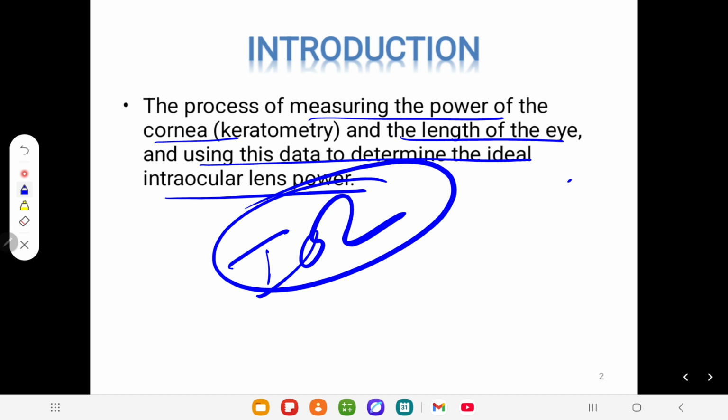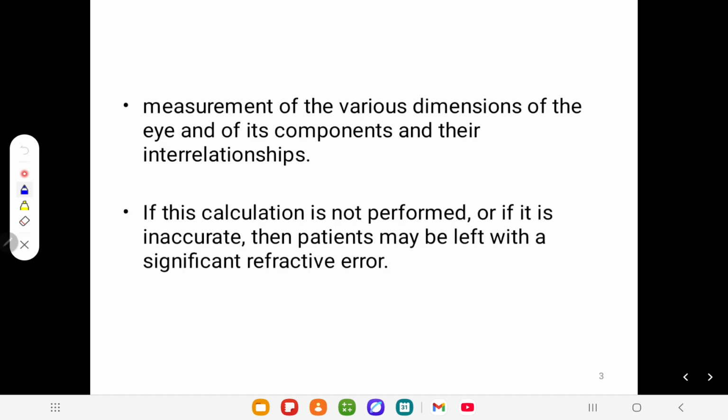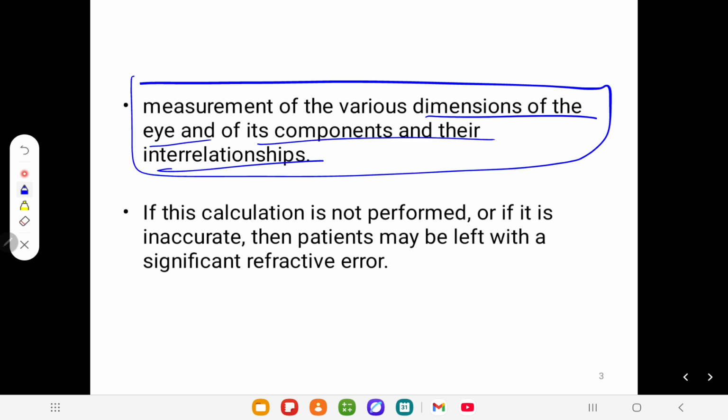But let it be whatever, biometry means the measurement basically. Measurement of various dimensions of the eye and its components in their interrelations. That's actually biometry. This is a very good definition if you want one, but I don't think the definition matters a lot. Sometimes it matters a lot, like, let's take the example of the definition of low vision. It matters a lot, but sometimes it doesn't matter that much.